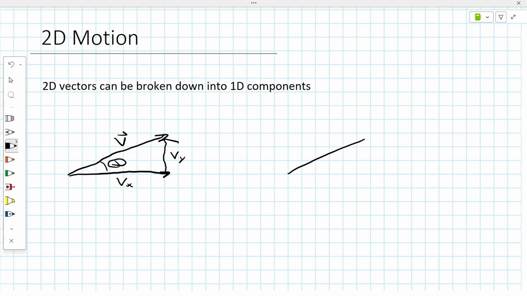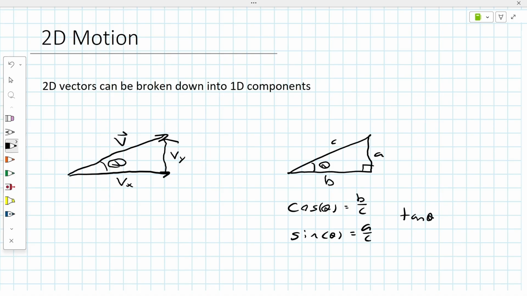So if we have a right triangle here, and we'll call the sides B, A, and C, we know that if this is our angle, cosine of this angle is equal to the adjacent over hypotenuse, so it'll be B over C, and sine of this angle is equal to the opposite over hypotenuse, which is A over C. And tangent of this angle is equal to opposite over adjacent.